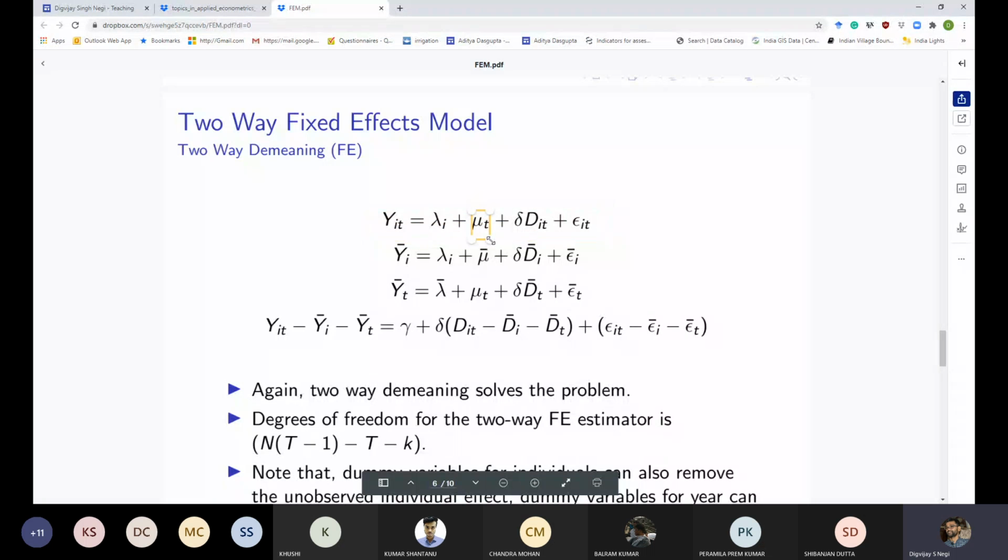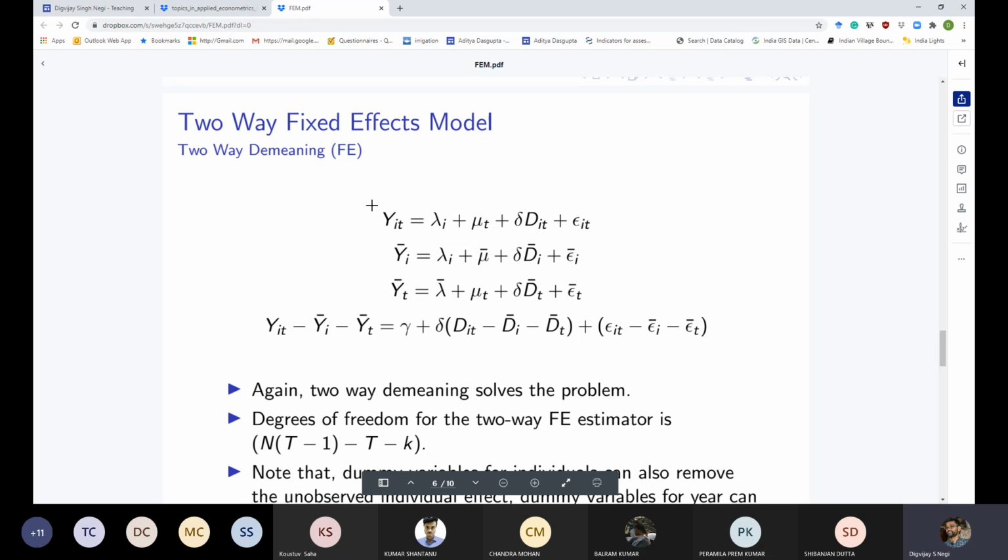Okay, and a similar demeaning strategy can deal with this time fixed effect. So we call these time fixed effects, or mu t. So in this case, when you have these two fixed effects, this is called the two-way fixed effects model, because you have two-way fixed effects here. One which does not vary over individuals but varies over time. One which does not vary over time but varies over individuals.